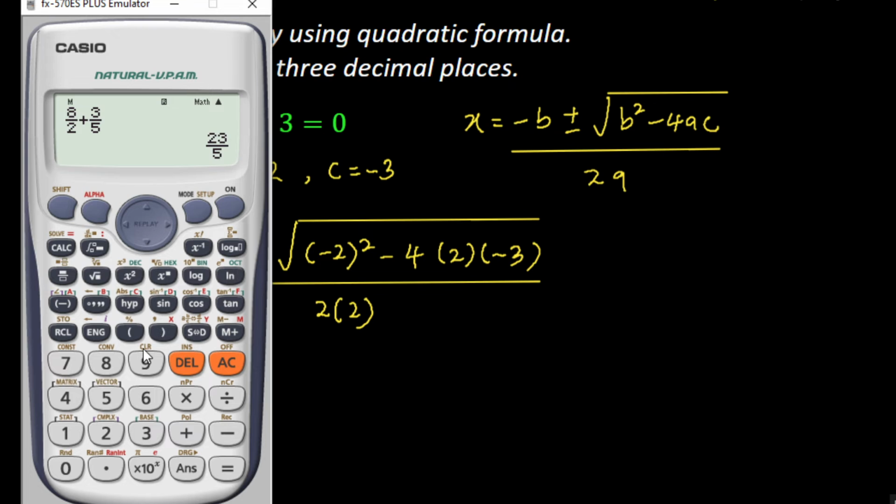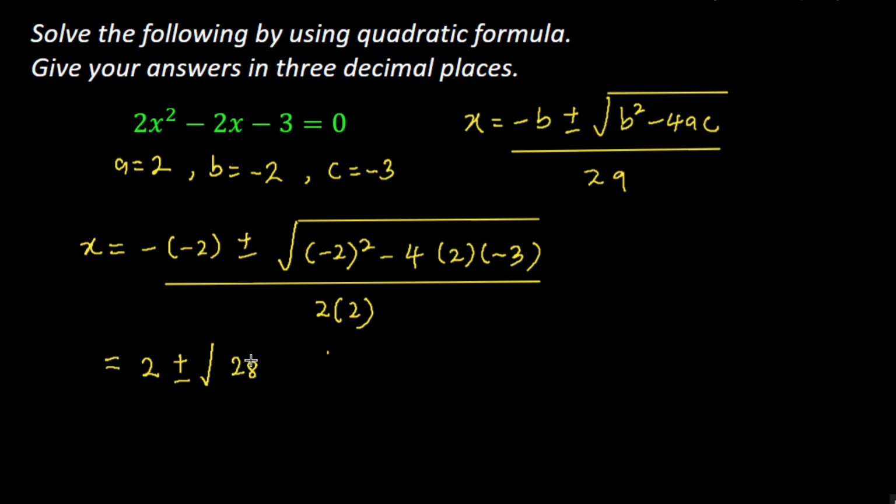Negative 2 squared minus 4 times 2 times negative 3 will give us 28. So I will write 28 over 4, because 2 times 2 is 4.